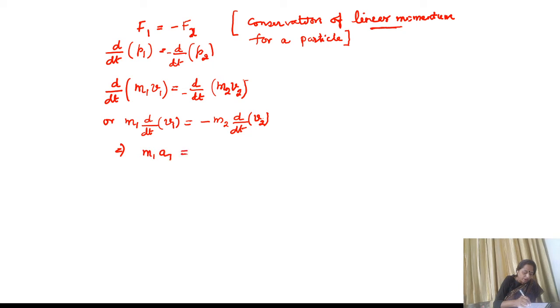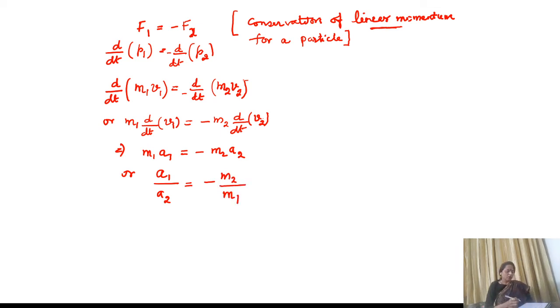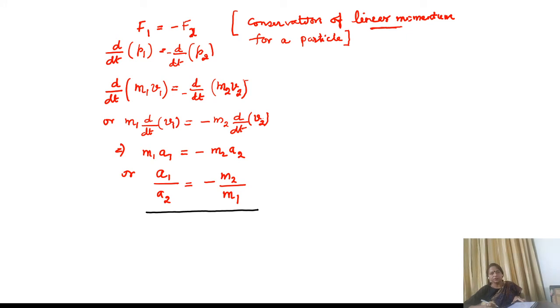M1 A1 is equal to minus M2 A2, or A1 upon A2 is equal to minus M2 upon M1. From here we get a concept. The concept is that the ratio of accelerations of the two particles which are interacting particles is constant. This is a constant.